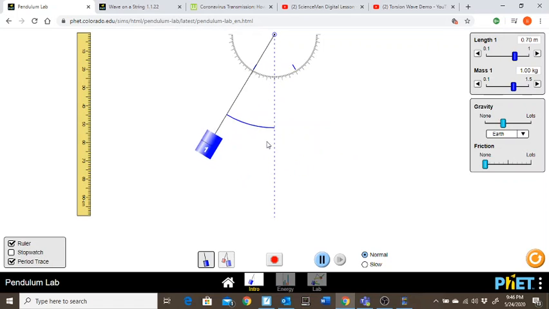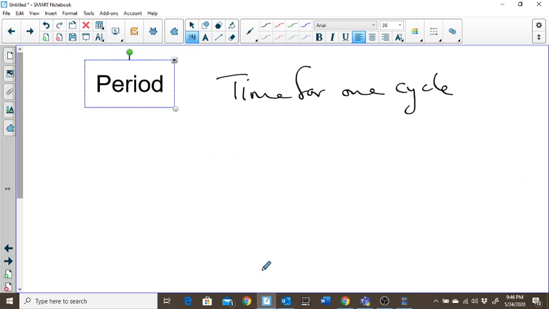That is the full cycle. Now, this always shows the period starting from the end, but you can think of it starting from one end out here. It goes out, back, and back out. And that would be what one period is for a pendulum like this, or a kid on a swing. So the time for one cycle.